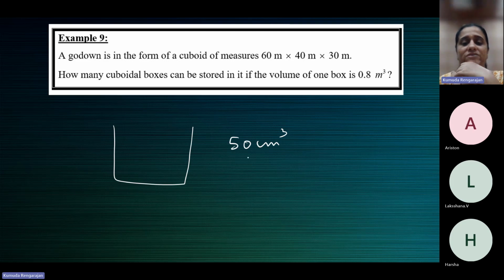So you have some ice cubes, and the volume of each ice cube is say 2 centimeter cubed. Then how many ice cubes can be placed in this container? I'm asking you a question.